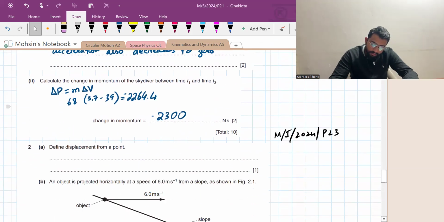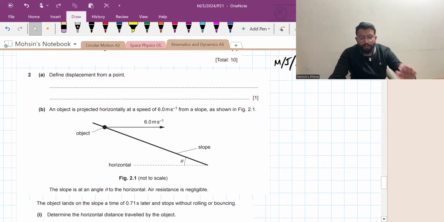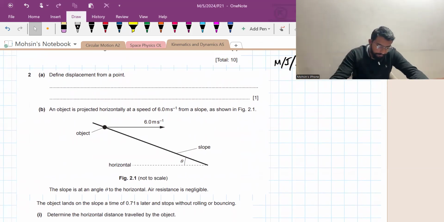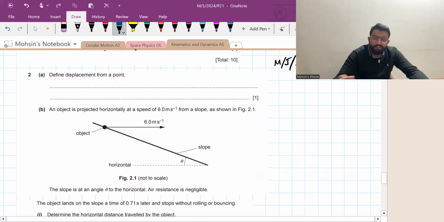Now this is the question from May-June 2024, paper 2, variant 3. And this is question number 2 in that paper. Define displacement from a point. So displacement, we know, is the shortest distance between 2 points in a straight line.